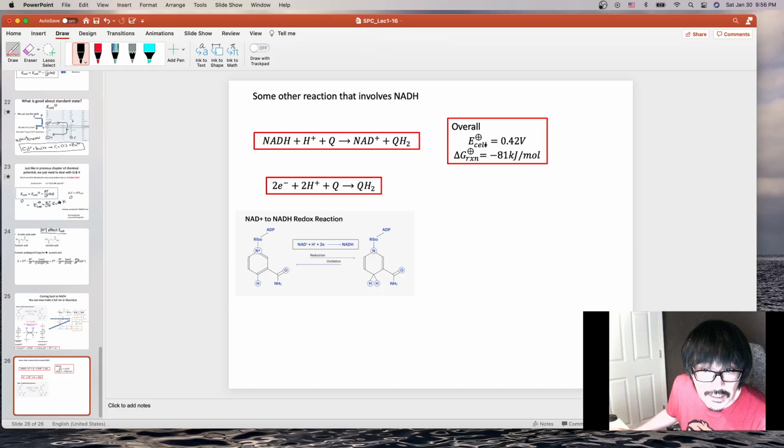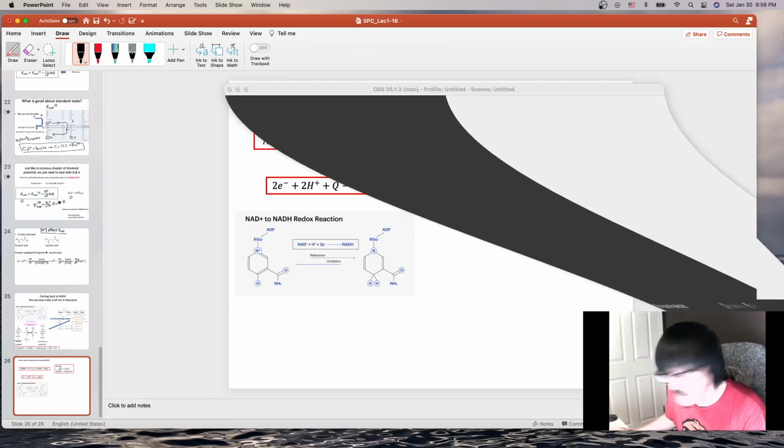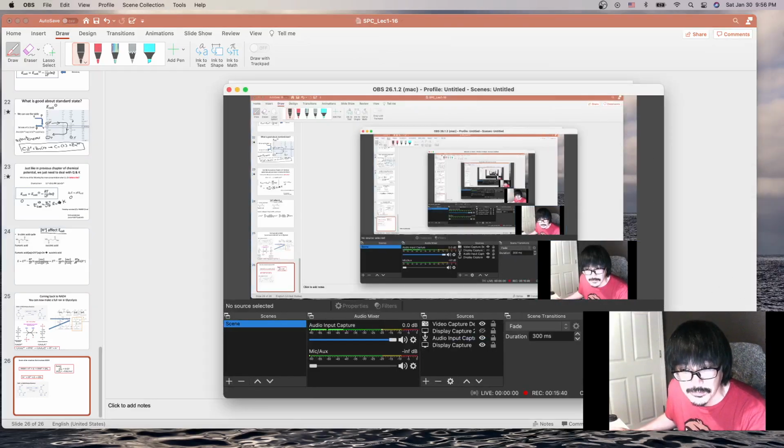For this particular case, the E cell is given, and the delta G of the reaction is also given. Then if you know one of these, you can pretty much get the other values. So I think that's probably all I wanted to tell you for the electrochem.